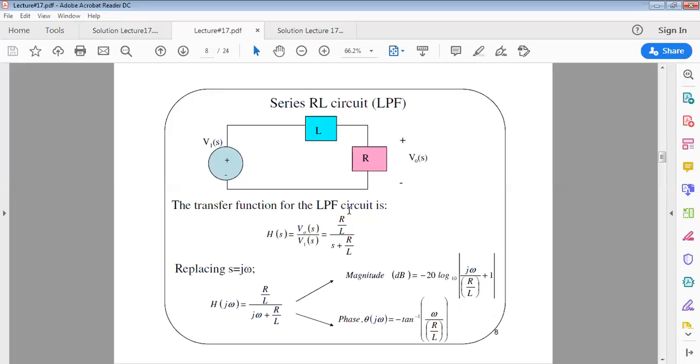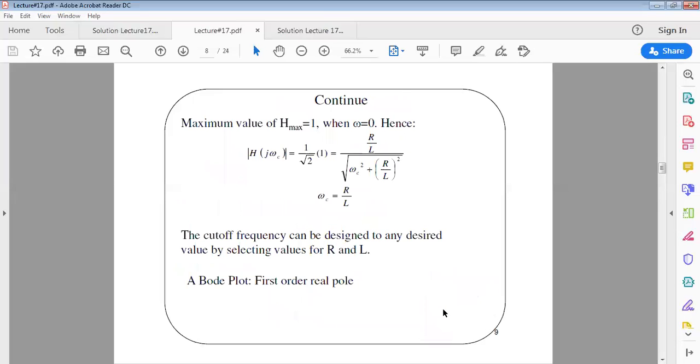The first is a constant and the second is a real pole. I don't want to proceed with the calculation of magnitude and phase. You can learn this on your own.